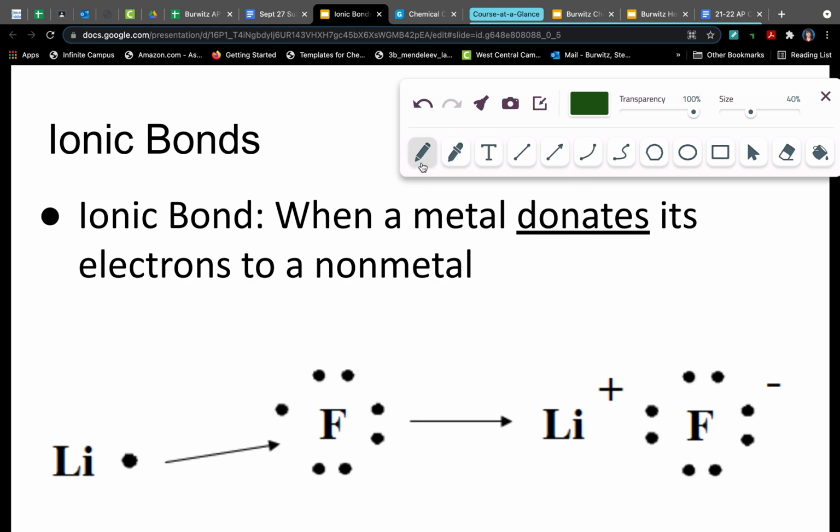So a good thing to remember is that metals are electron donors.